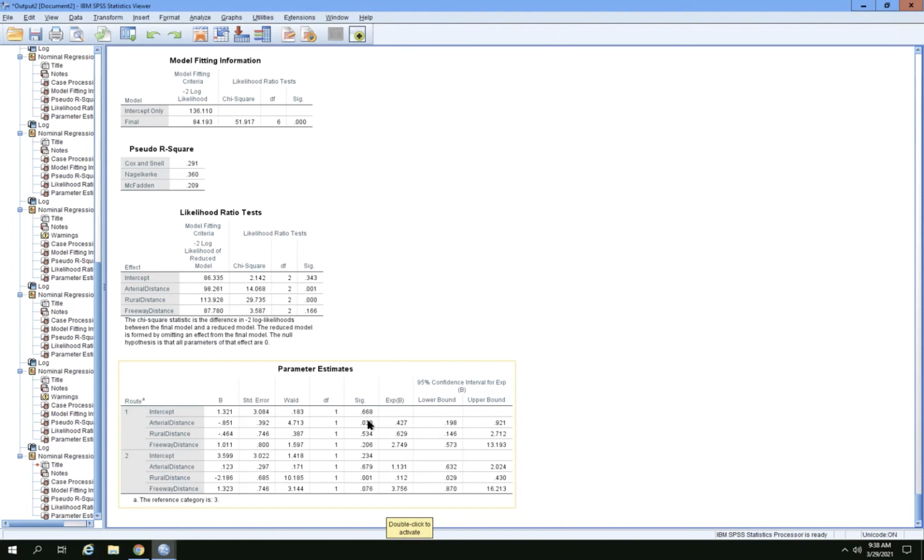That's reinforced by the fact that this p-value is less than 0.05. Whereas in the case of these other variables that aren't found to be statistically significant, those intervals do include 1. So those odds ratios are not significantly different from 1. If the odds ratio is not significantly different from 1, that also means that the parameter estimate is not significantly different from 0, okay?